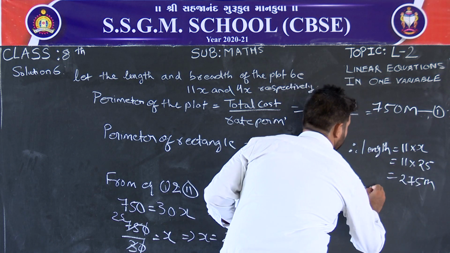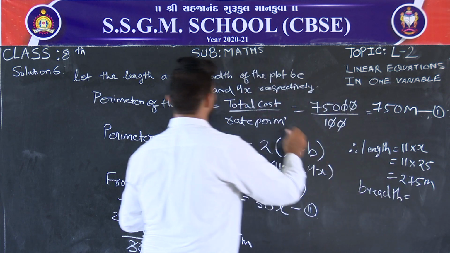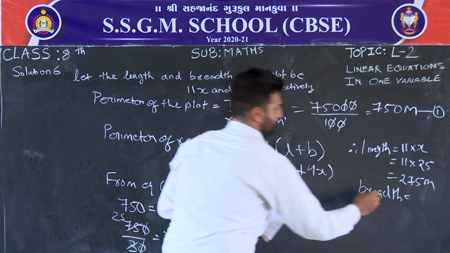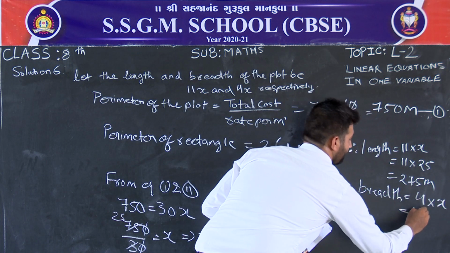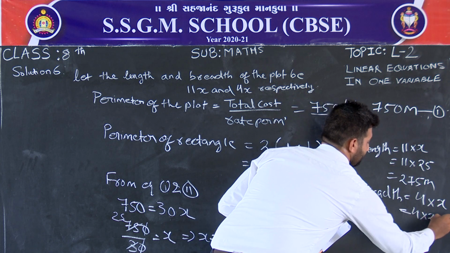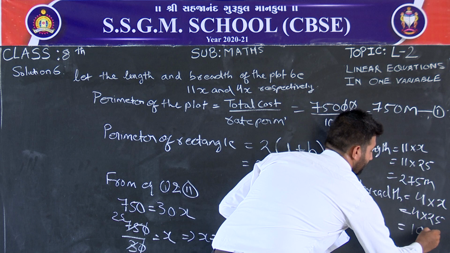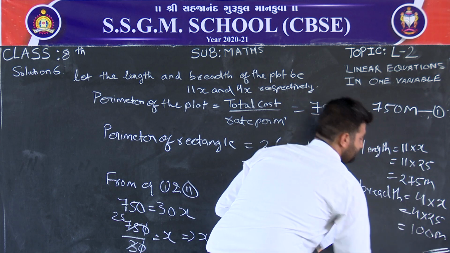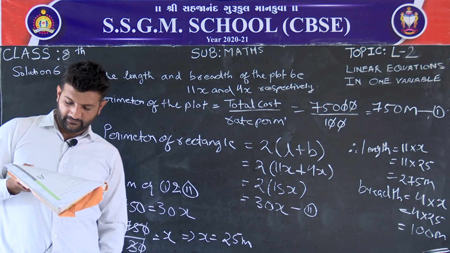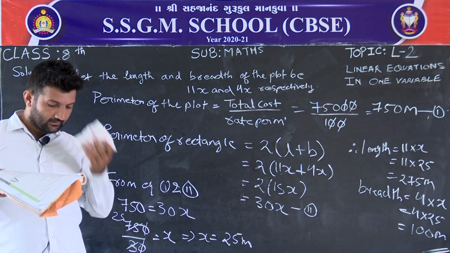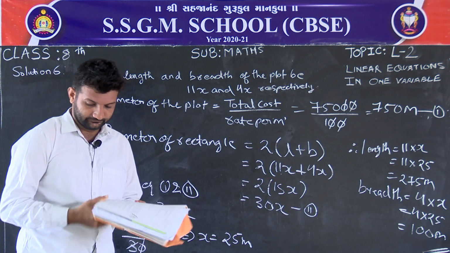Also breadth is 4x, that is 4 into 25, it will become 100 meter. So this is the final solution for question number 6. Now move to question number 7.